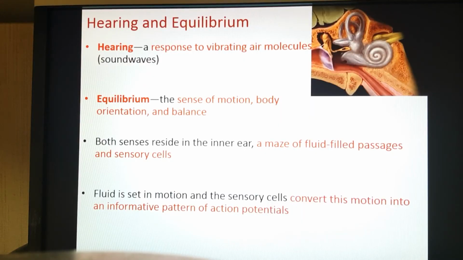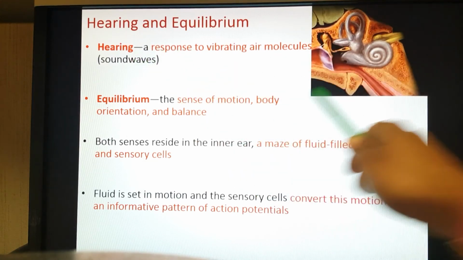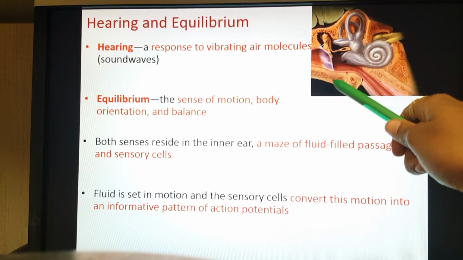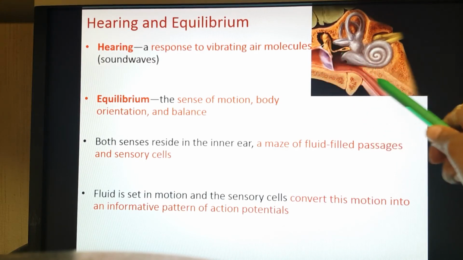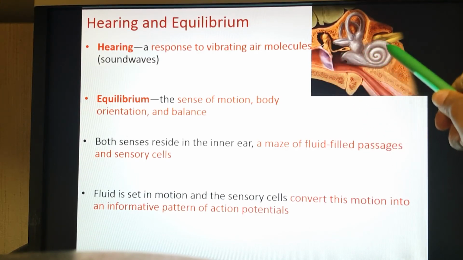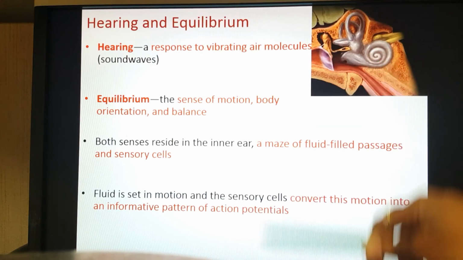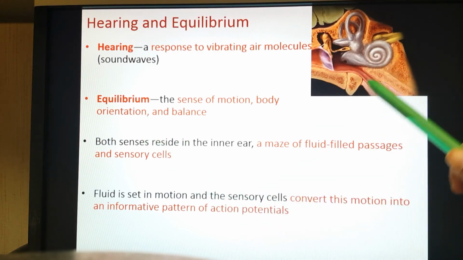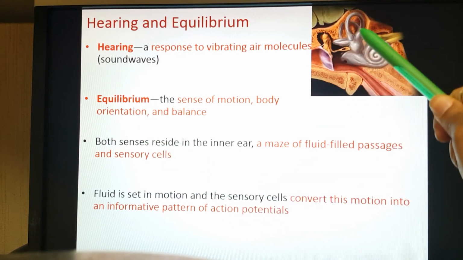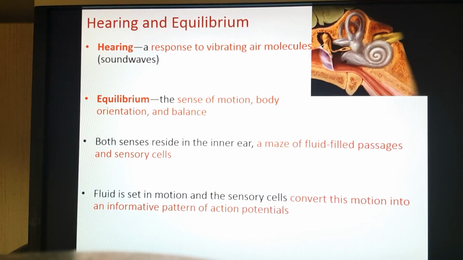Moving on to hearing and equilibrium. So, focusing on hearing, it's a response to vibrating air molecules. So, the vibrating air molecules are what's creating your sound waves that eventually hit the back of your ear, and that energy is then transferred to the cochlea in your inner ear. For equilibrium, it's based on the movement of hair cells that are in the semicircular ducts, still in your inner ear area.